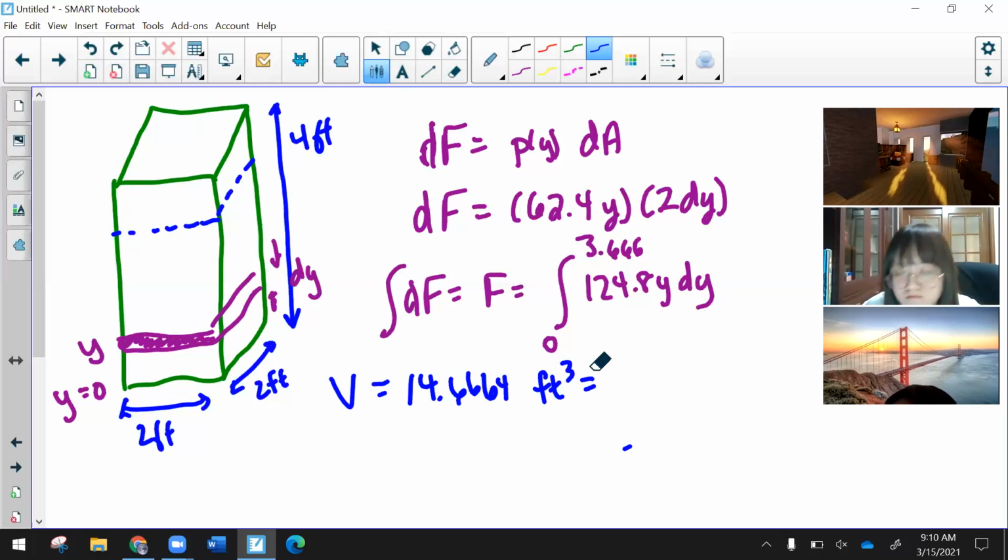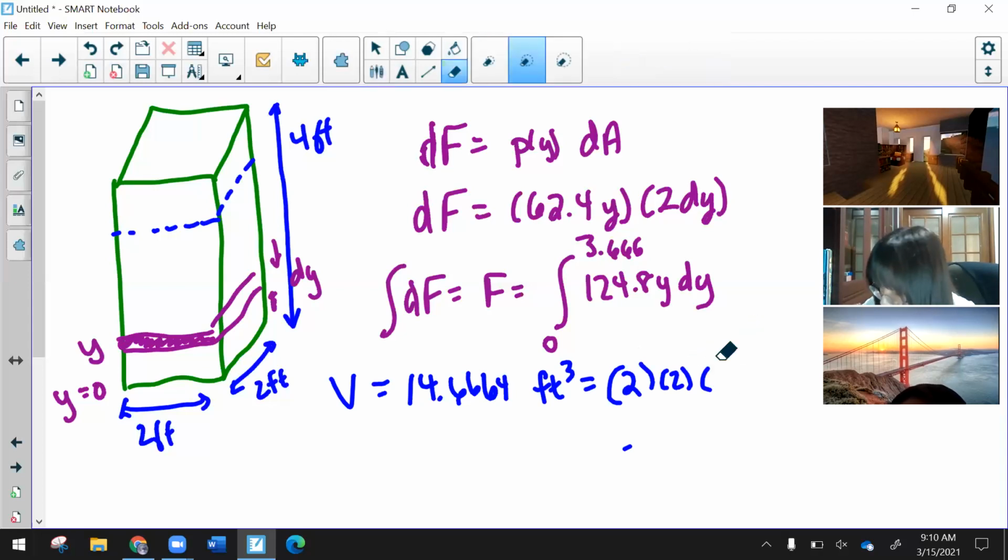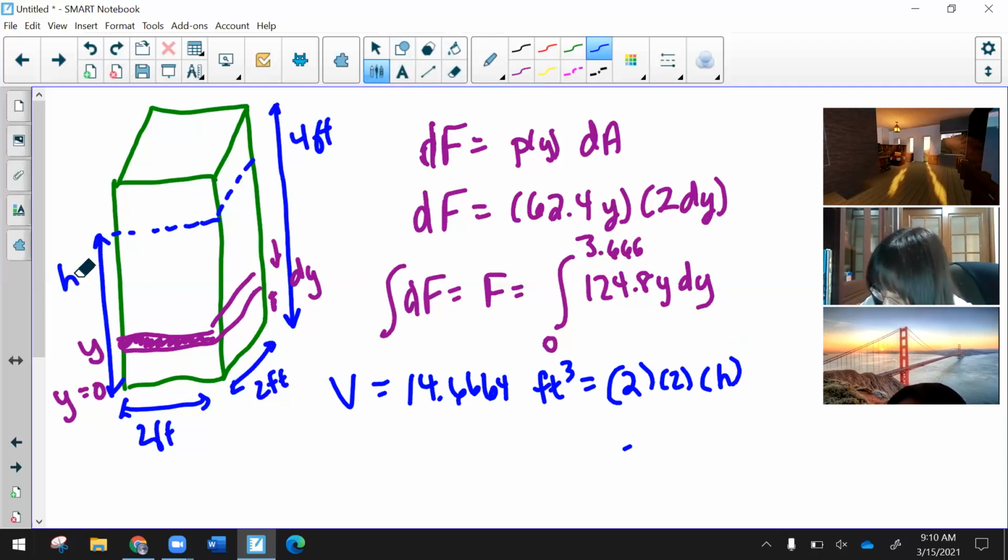So that was the answer from part A. That's going to be 2 times 2 times some, we'll call it H. Okay, where this is H. And then Dagny did the math, and she got 3.666. Okay?